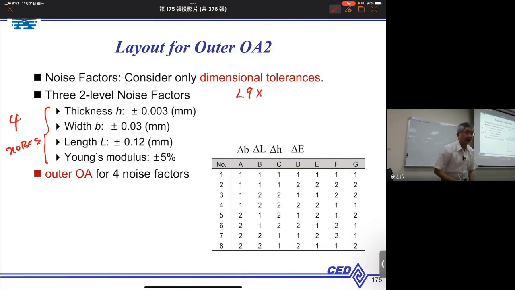But for the outer array, because we are using 4 noise factors, L4 is not big enough. So we need to go to a bigger outer array, which is L8. So the cross array design needs to use L9 by L8, which brings the total to 72 experiments.